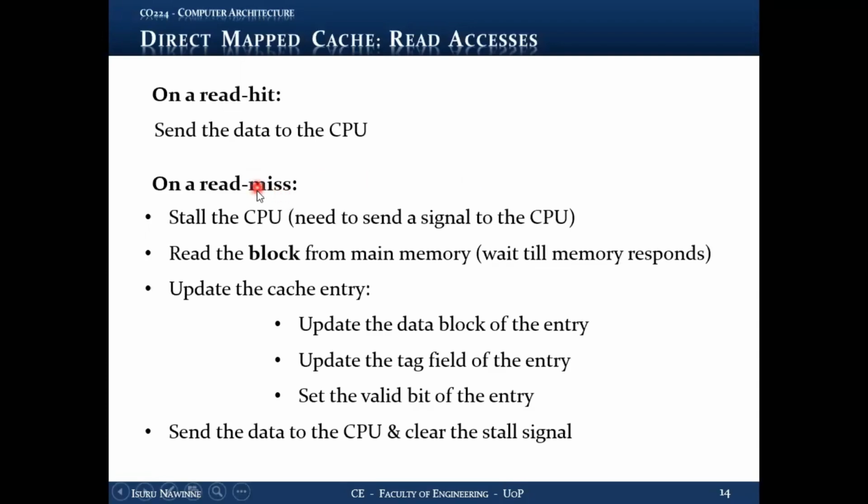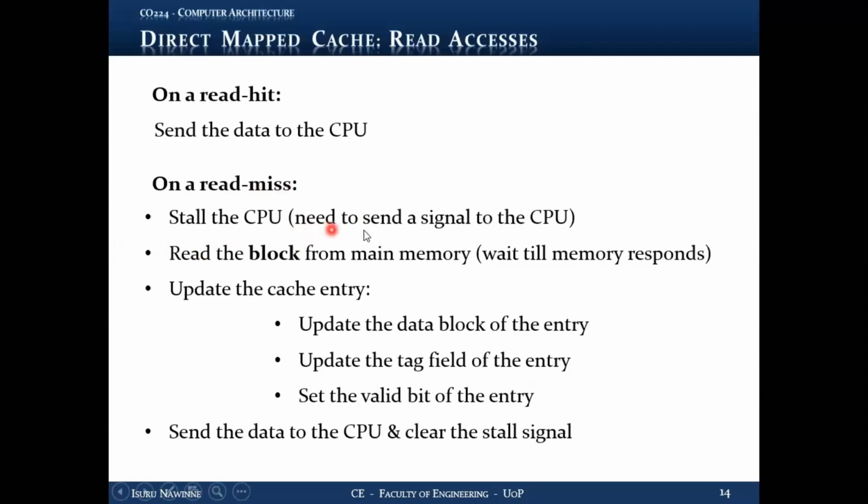So while you go and read the memory for the missing block, you need to stall the CPU, right? You can't let the CPU go ahead because the data that the CPU needs is still not there. Otherwise, you will be creating data hazards. So you need to stall the CPU until the memory read is complete.